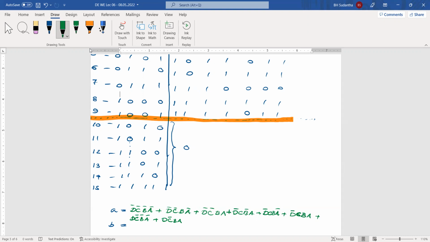Okay, this will be the equation for segment A, and we can minimize this one. Then we can minimize the equation, but it is not necessary to do it this way. But you should know the method of designing this. After that, you can write all 7 output equations, from segment A to segment G. Then you can do the circuit.